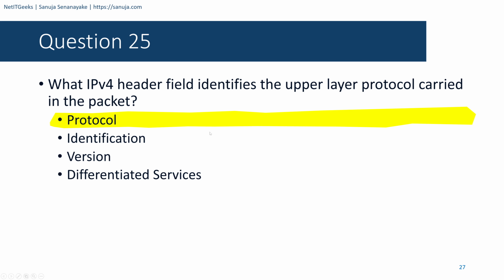It just shows IPv4 versus IPv6. And the differentiated services field is used for what? Setting the packet priority, right? The identification field is also used for fragmented packets.